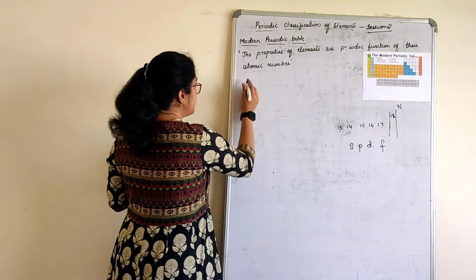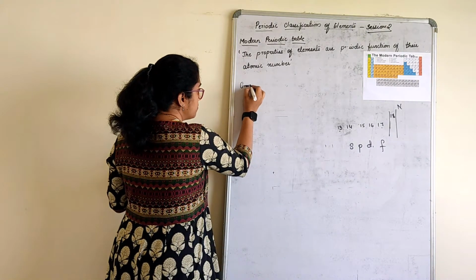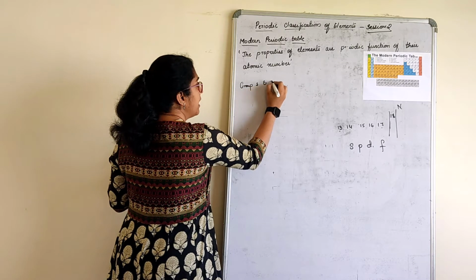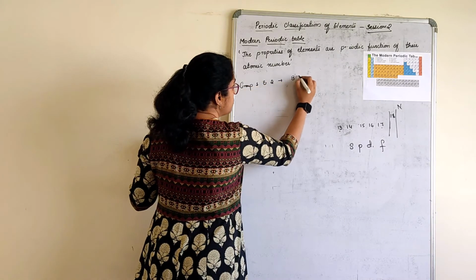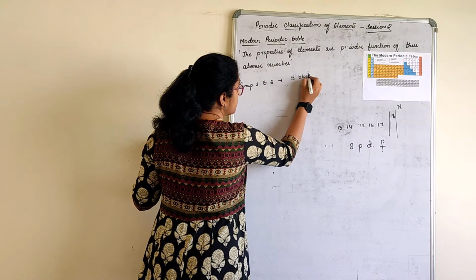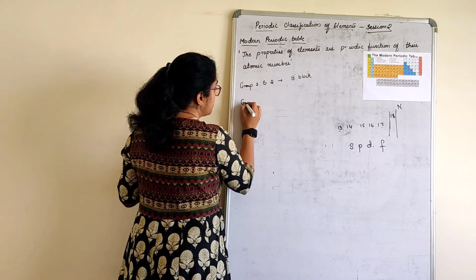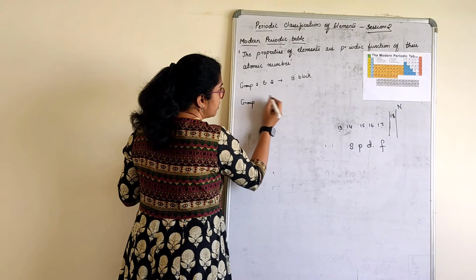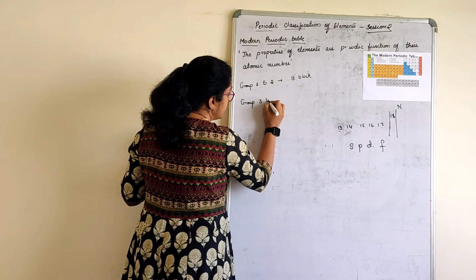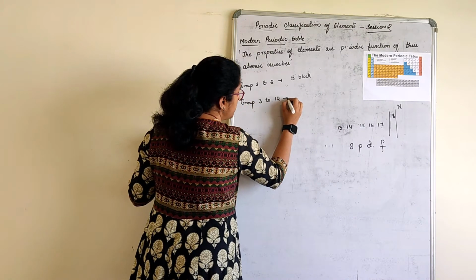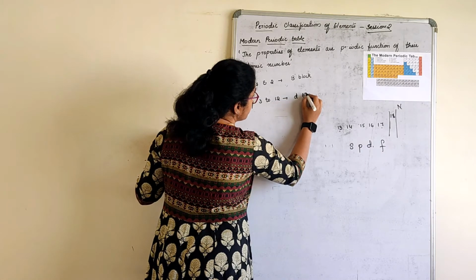Now, I just write here: group 1 and 2 belong to the S block. Right? Then group 3 to 12 belong to the D block.